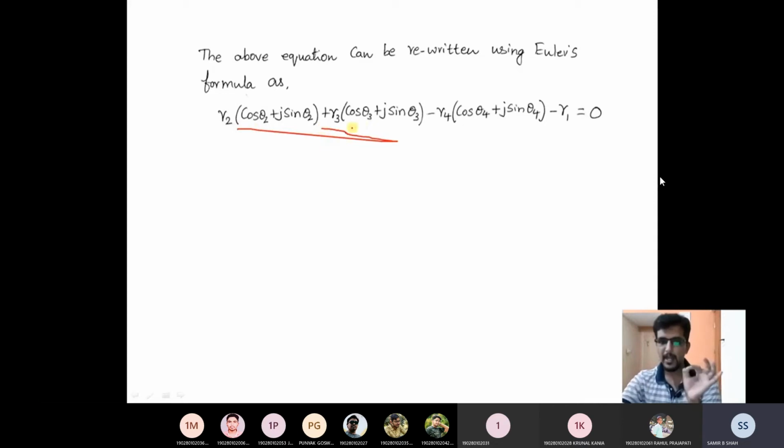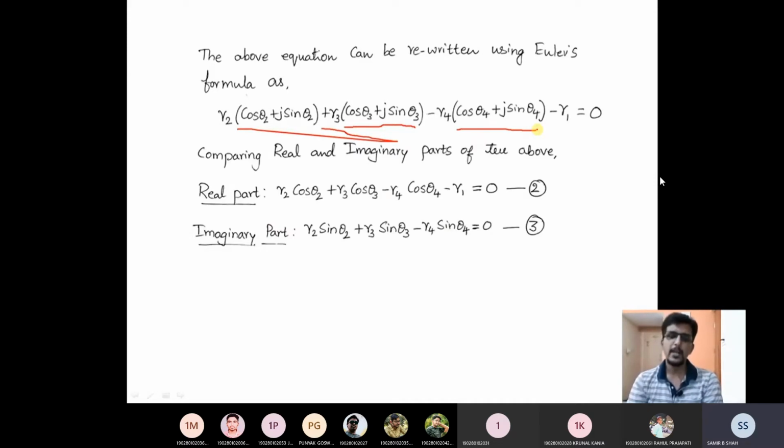Similarly, wherever I had e to the power of j theta 3, that has been replaced by cos theta 3 plus j sin theta 3. Similarly for r4, e to the power of j theta 4 is represented as cos theta 4 plus j sin theta 4, minus cos theta 1 plus j sin theta 1. Since theta 1 is equal to 0, that has been neglected.